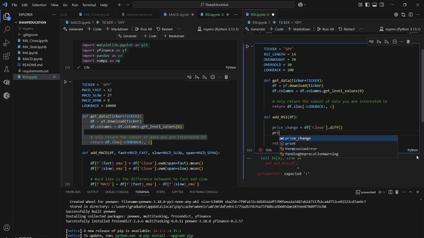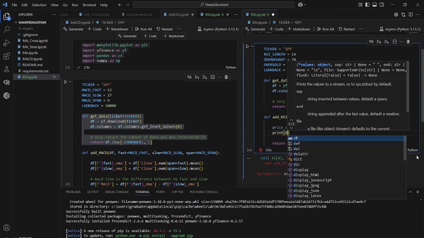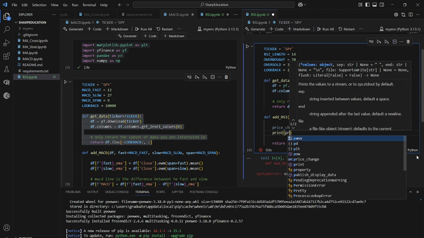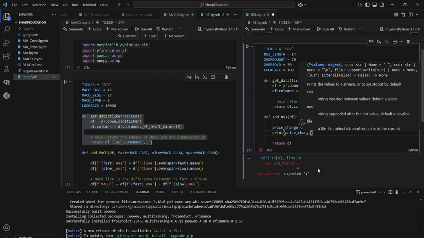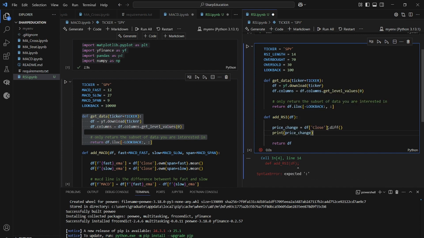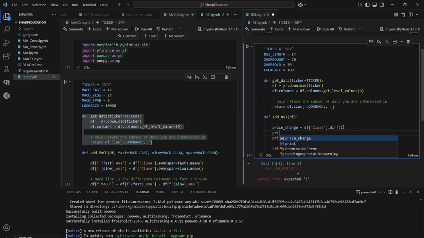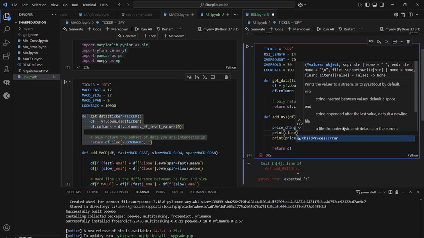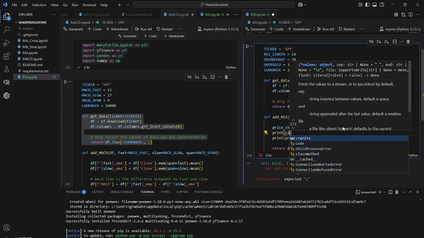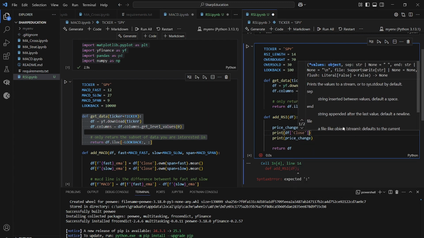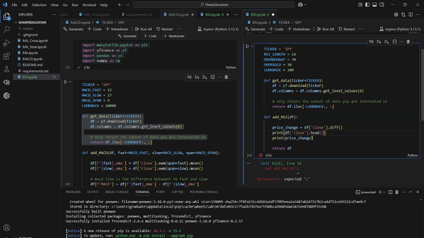Print price change. And I'm also going to do print df close head. It's going to do the first 5, and then this is going to be the first 5.